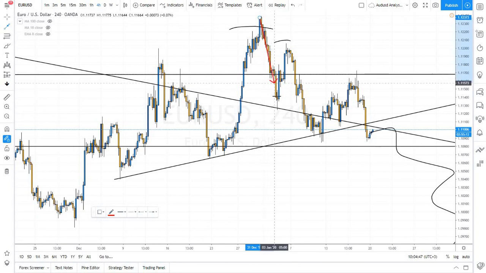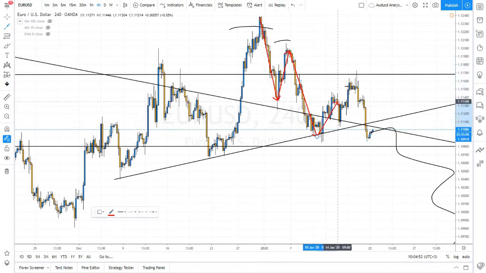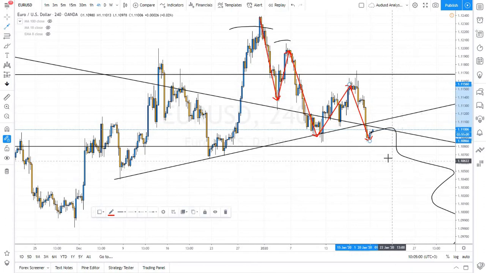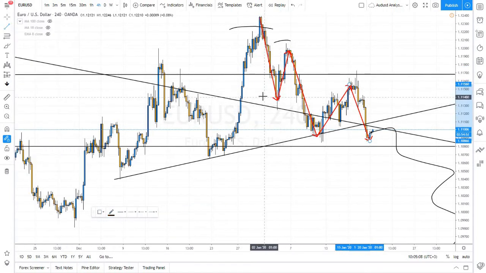Market came from a high, printed a lower low, printed a lower high, printed a lower low, tested the previous area, then it's going down. So if this market is going to continue with this pattern, this was the break of structure.